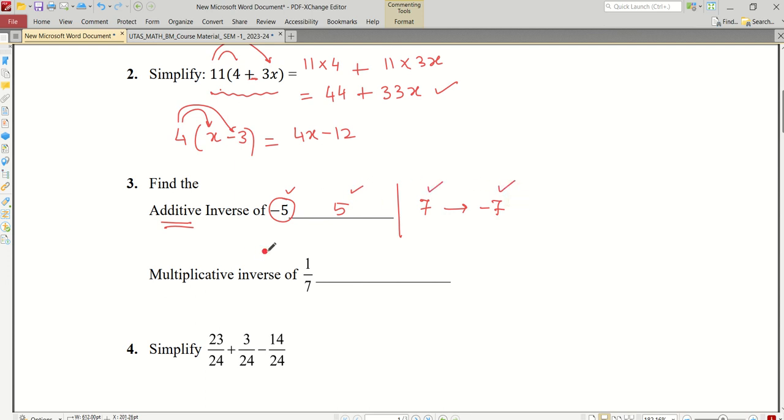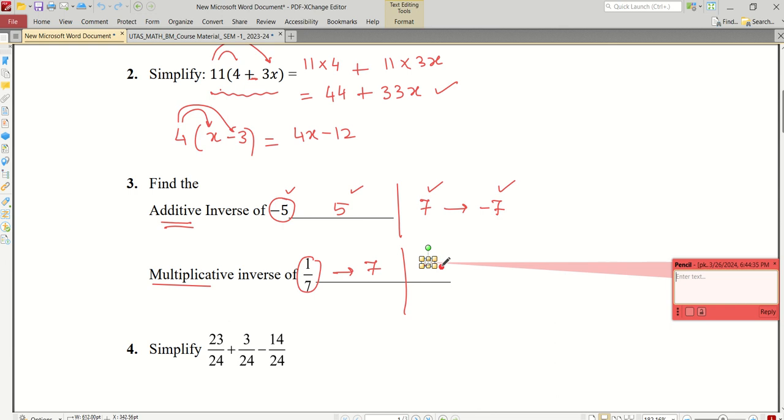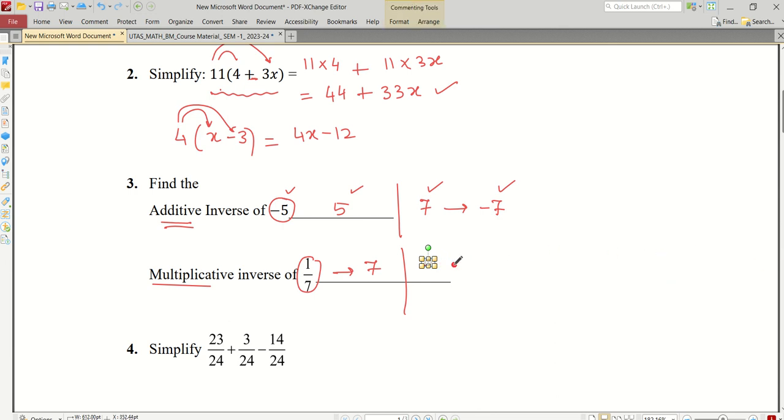Class. In case of multiplicative inverse, if it is 1 upon 7, what is the answer? Reciprocal. What is the reciprocal of 1 by 7? It is 7. But if the question is to find the multiplicative inverse of minus 10, what is this? The answer is 1 upon minus 10.